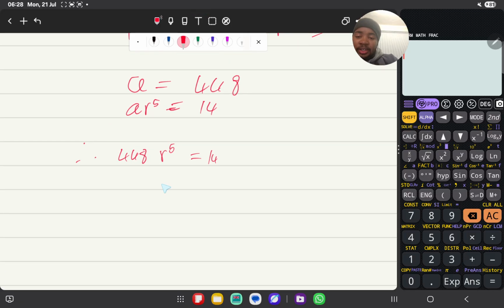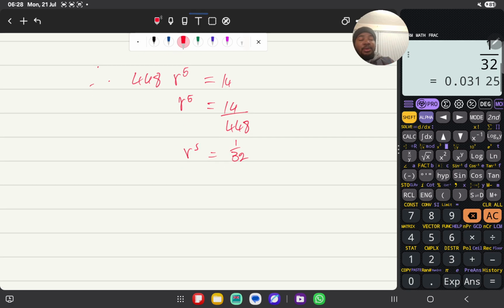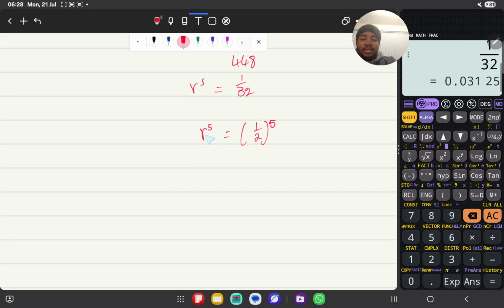Then you divide by 448 on both sides, so you have r to the power 5 equals 14 over 448, which is 1/32. Remember, 2 to the power 5 was 32, right? That will mean r to the power 5 equals (1/2) to the power of 5. And since the exponents are the same, therefore r equals 1/2.